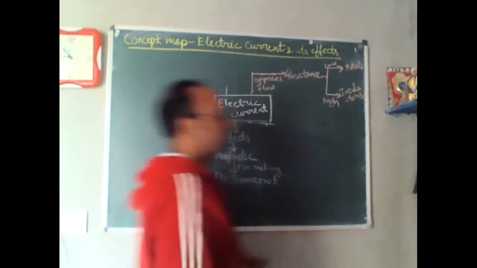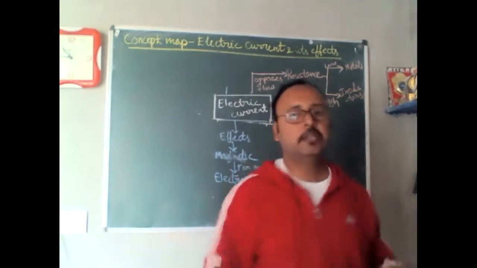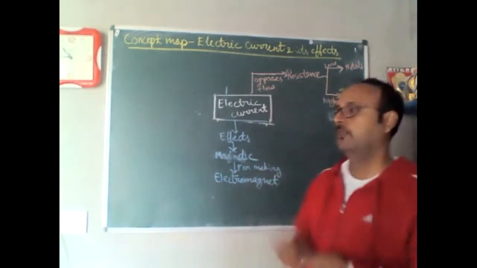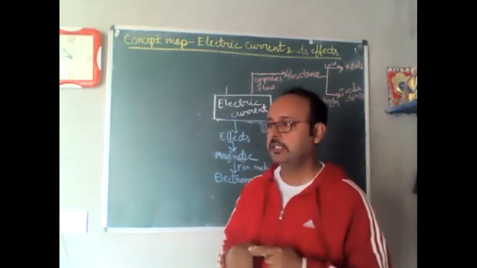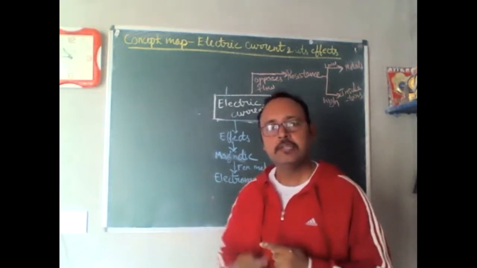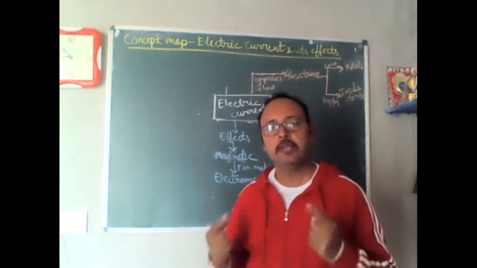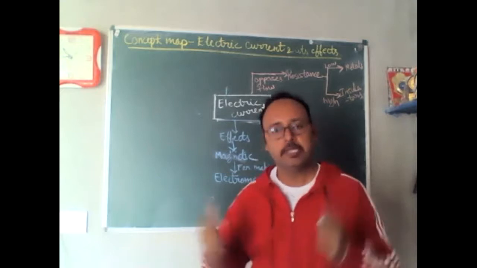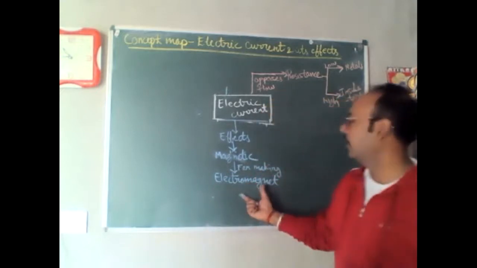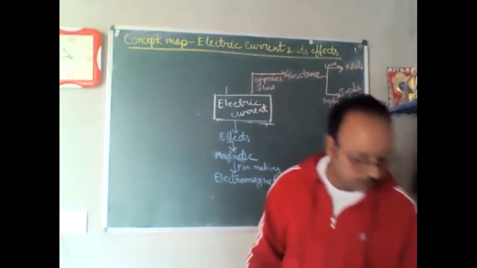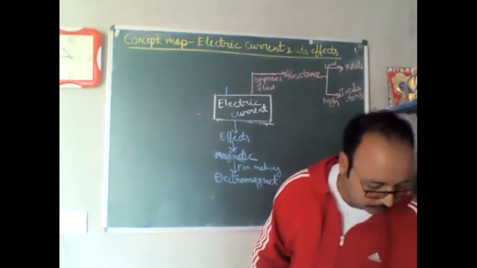Electromagnet is whenever the current flows through a wire, then it behaves like a magnet. So that means when we wrap the wire around an insulator, then we will get a strong magnet that is known as electromagnet. Why is it called electromagnet? Because it behaves like a magnet till the current flows through it.